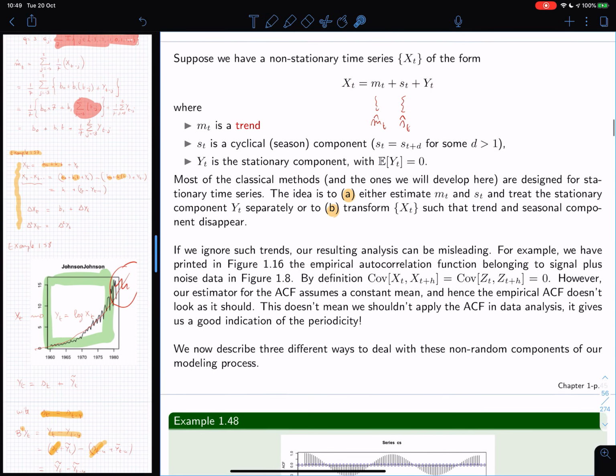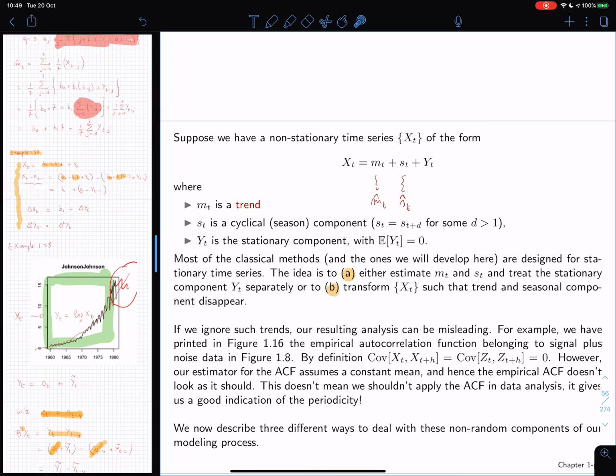Okay, so how do you eliminate these components? Well, there are a few ways. One way is to estimate them.